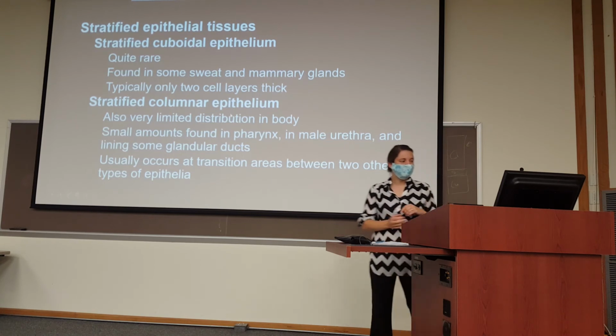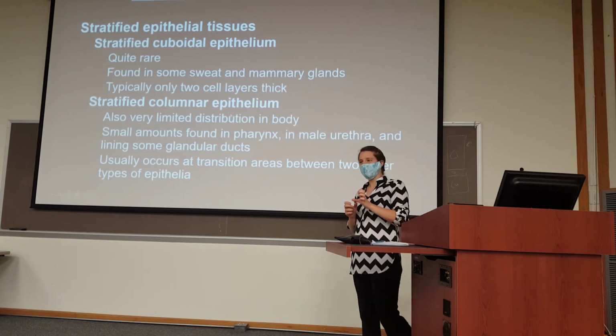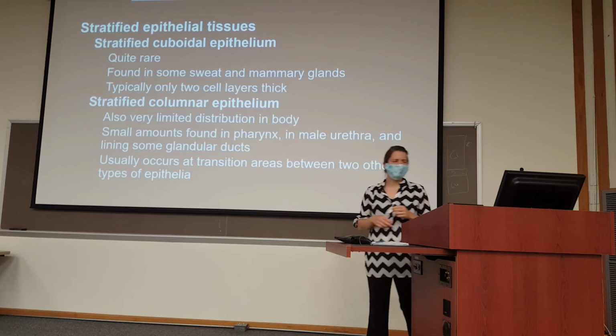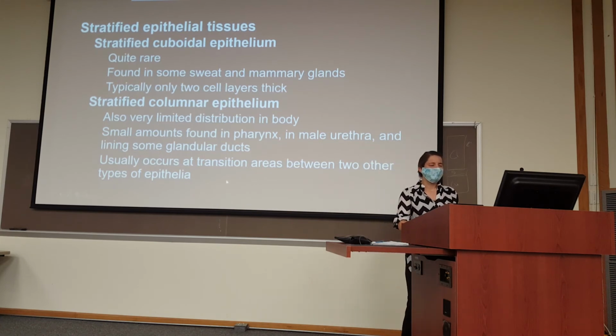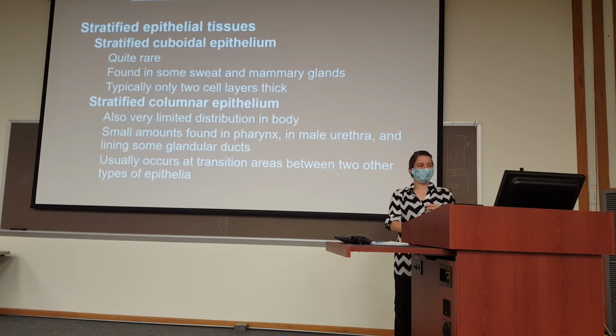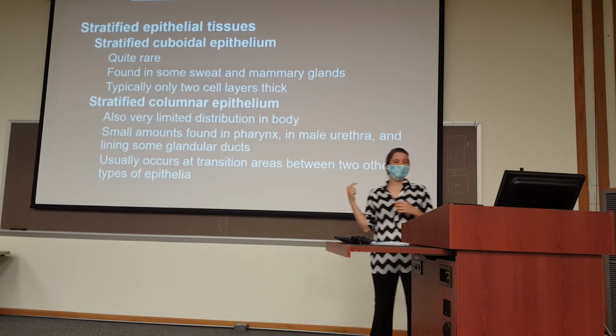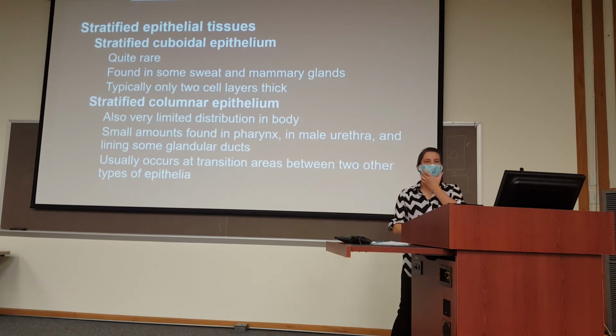There also technically is stratified columnar tissue. It shows up usually at transition areas. It doesn't show up very often. It shows up in the male urethra, in some ducts, and in the pharynx a little bit.